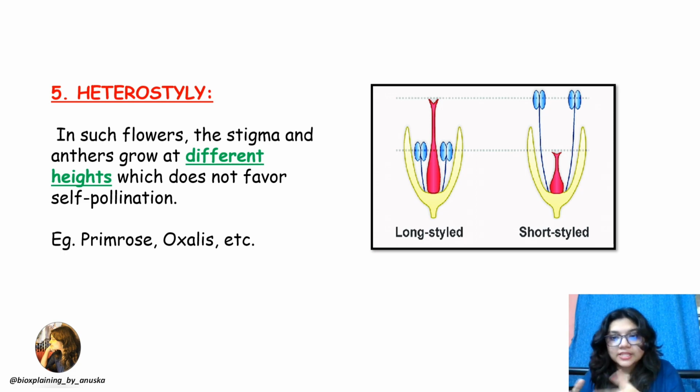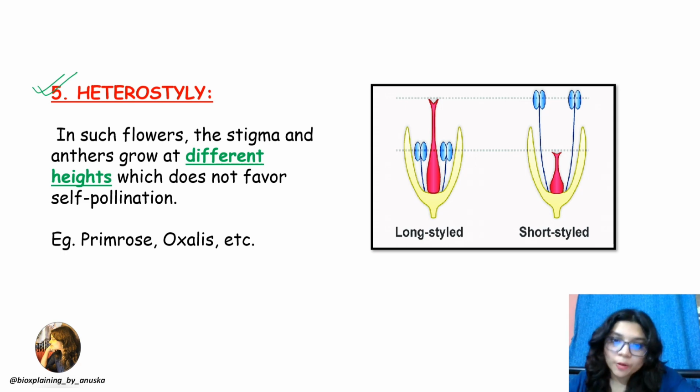And the other case is short style. Say the style is very short. That means they are much lesser in height as compared to the stamens. So here again, the pollen grains released by the anther cannot come and sit on the stigma of its own flower and fertilize it. Right? So heterostyly is a condition which prevents self-pollination.